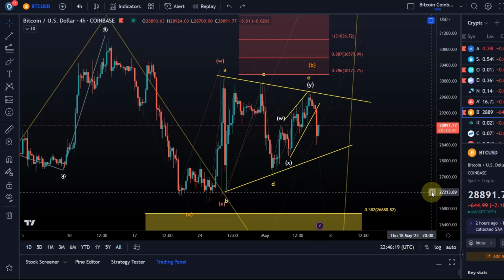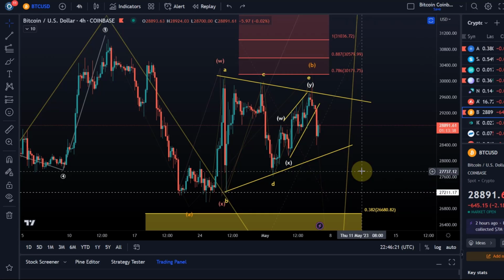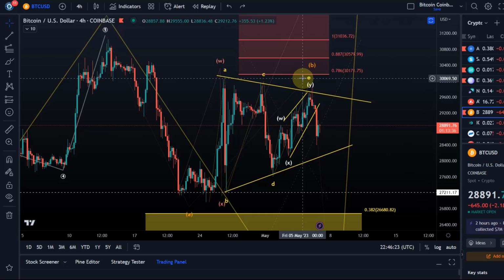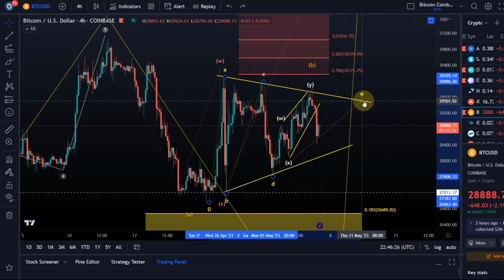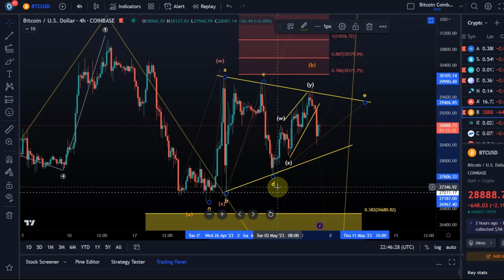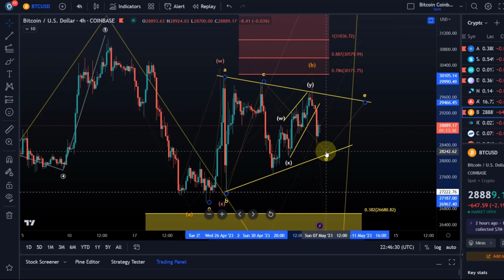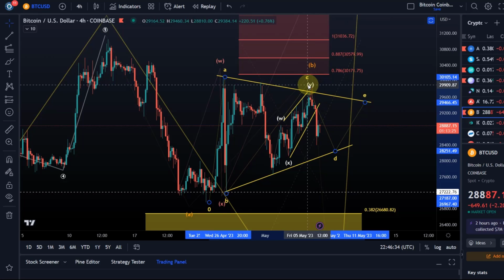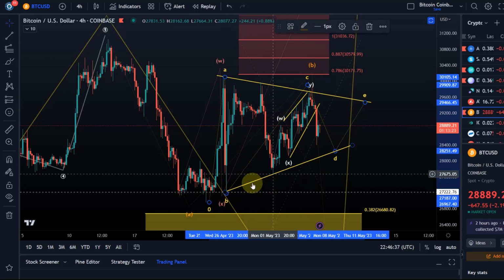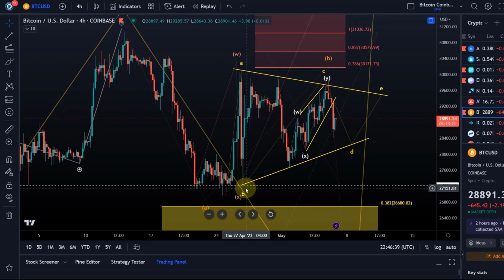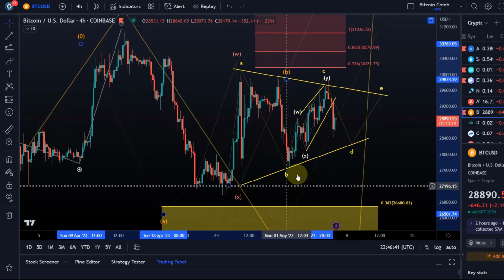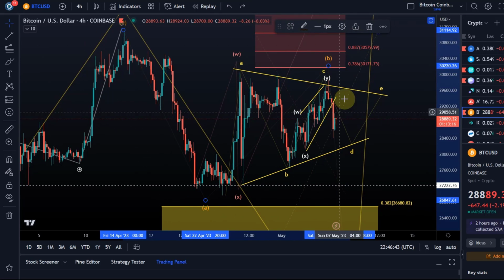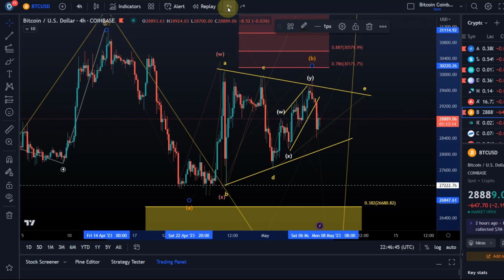As long as we don't break below that level, the triangle can always extend in a horizontal fashion. So what could be the case is that the E wave is actually sitting here. The D wave is not finished yet. The top here was actually the C wave, and the low of the 1st of May was actually the B wave. So that we get a bit more of a complex triangle, a bit more of an extended triangle. Absolutely possible. You can see how easy it is for a triangle just to extend out.